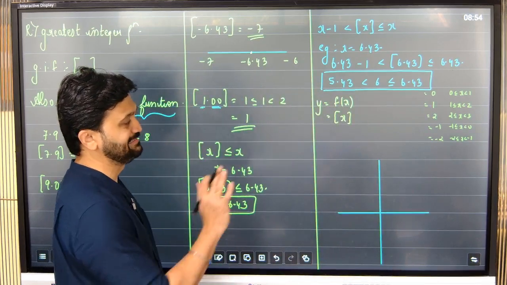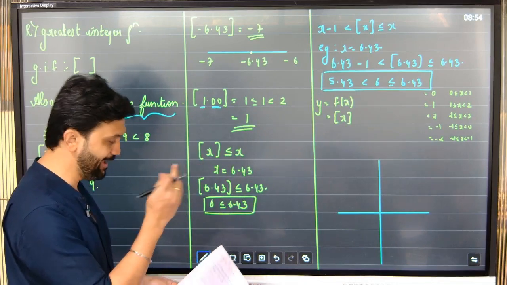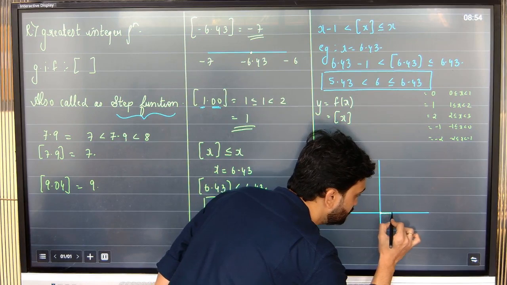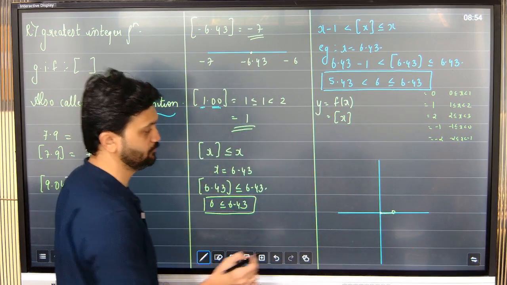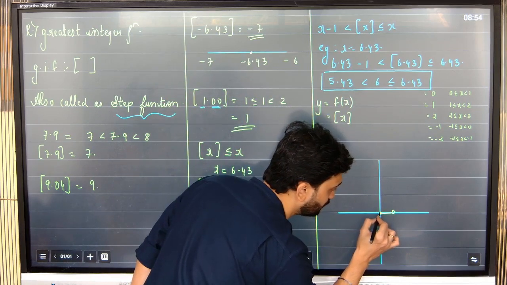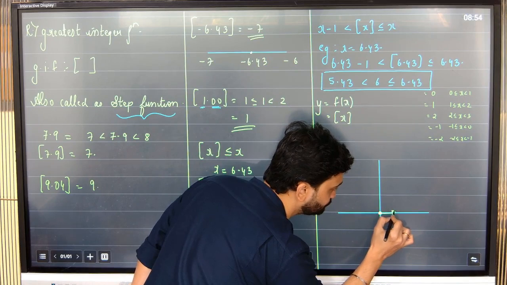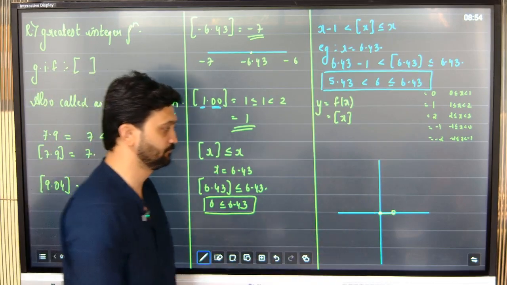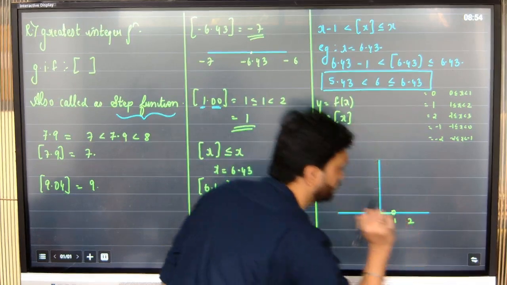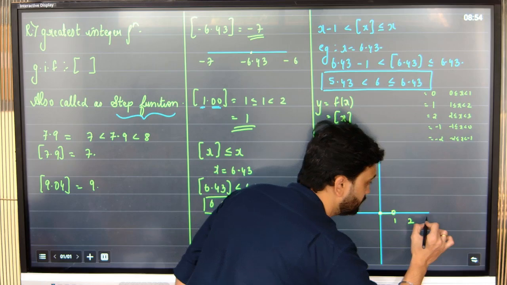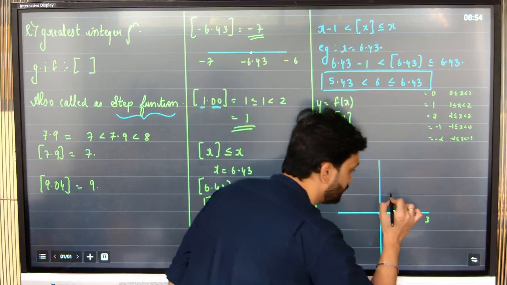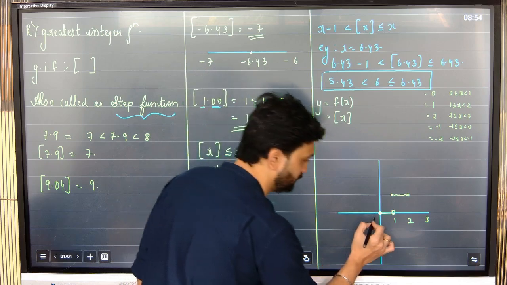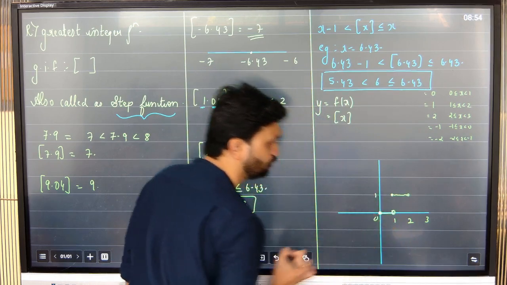First, if I take any value, I started from here, went from 0 to 1. See, this is bullet and this is hollow. So if I take any value between 0 and 1, my answer is going to be 0. This is 1, this is 2, this is 3. Guys, 0 to 1, the answer 0 has come. If I take any value from 1 to 2, my answer is going to be 1.